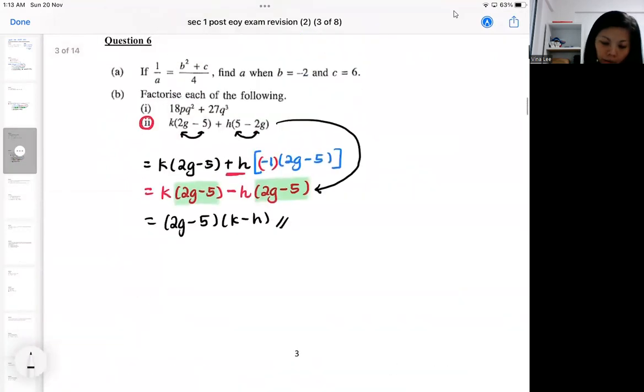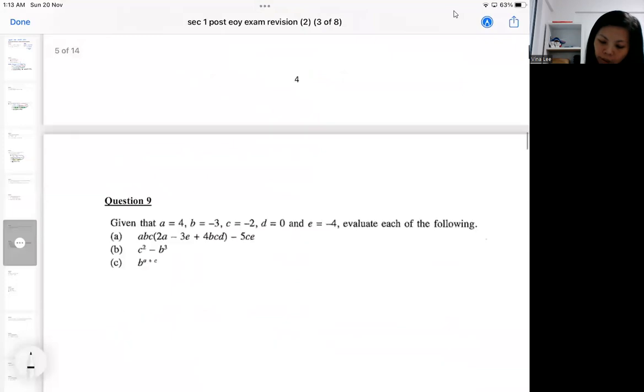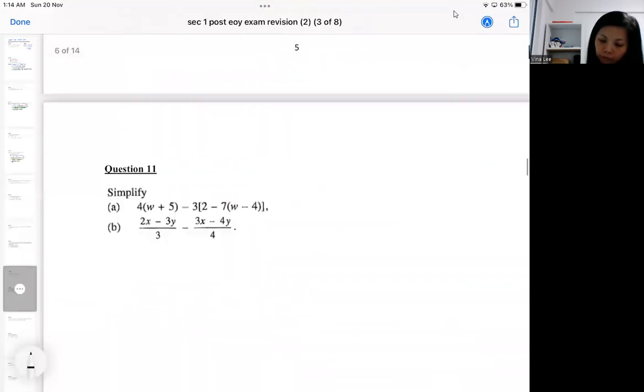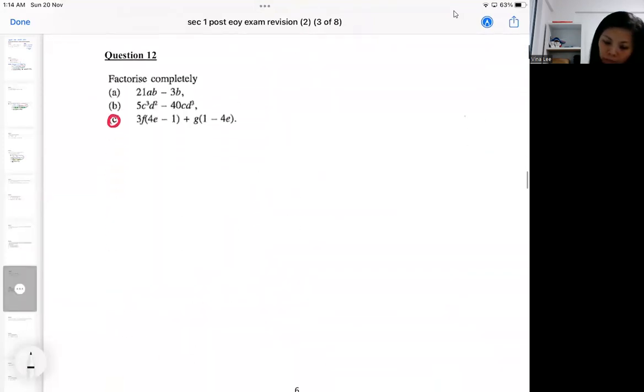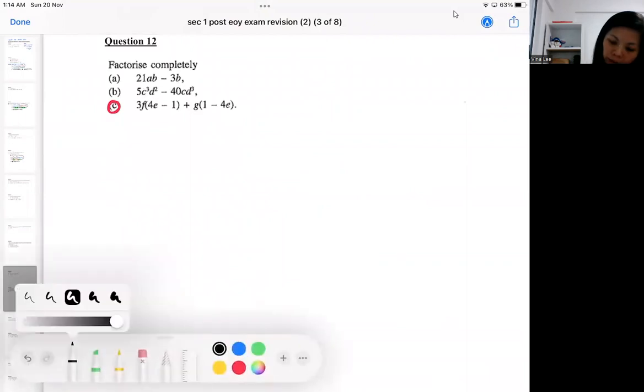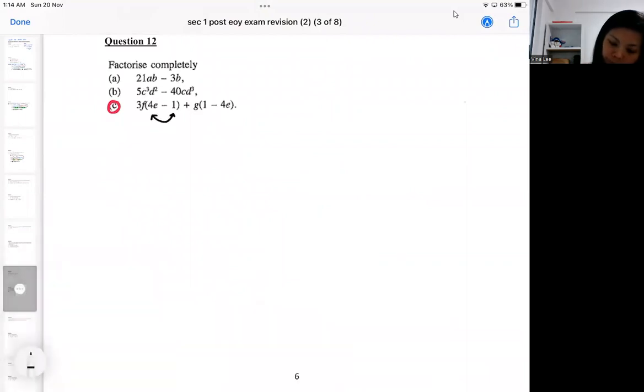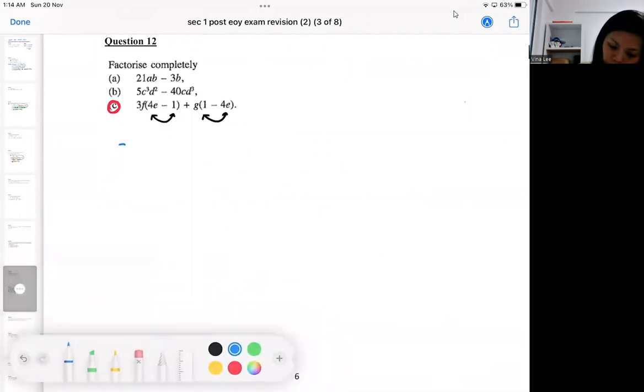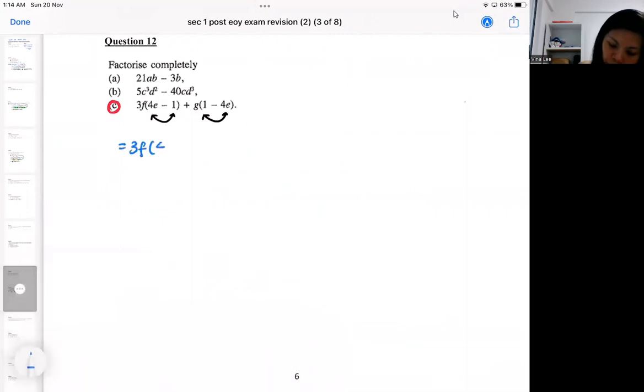The next one is question 12C. If you look at question 12C, again there is a flip. Which one do we change? We always change the second one. That's for me.